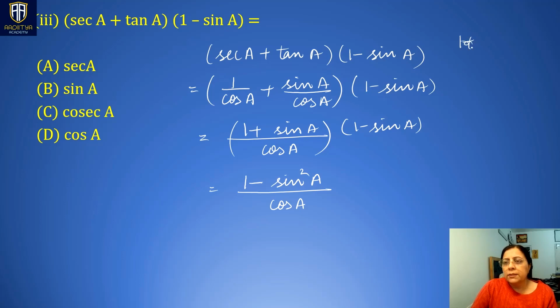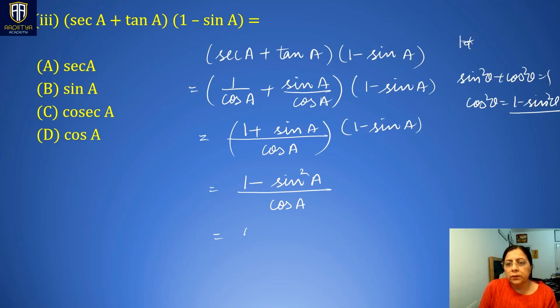The basic identity is sine square theta plus cos square theta is equal to 1. So 1 minus sine square theta, you can replace by cos square theta. This is cos square A upon cos A. So now I can reduce this and we get value cos A.